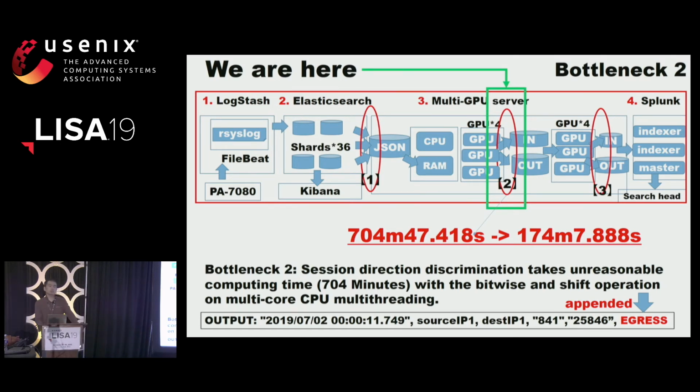It's just for appending the label, ingress or egress, to each session data. It took more than 700 minutes. In this case, GPU is not useful. GPU cannot run between Elasticsearch and Splunk.